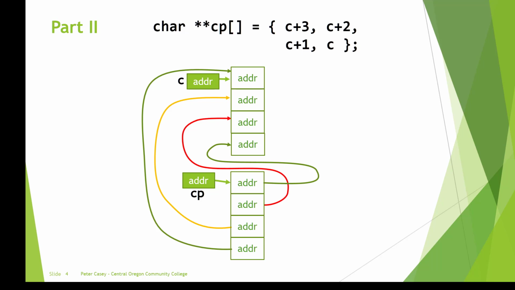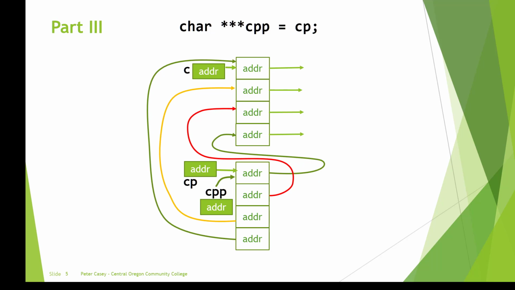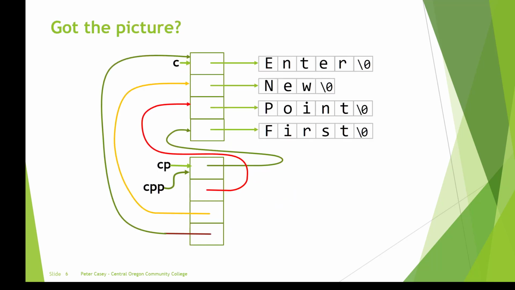The last element in array CP is pointing at the first element in array C. And finally then, in part 3, CPP just points at the same thing CP is pointing at. So that's the picture.